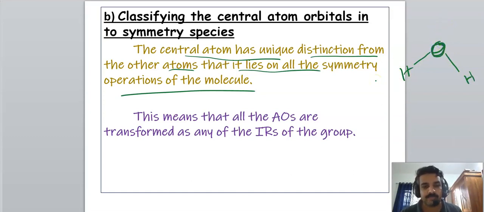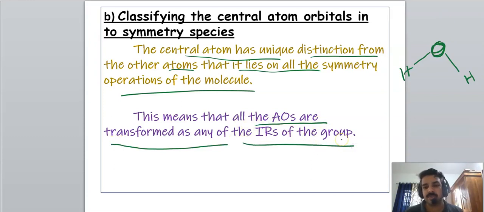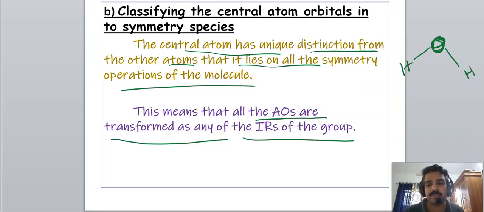So it is unique. This means that all atomic orbitals of oxygen transform as any of the IRs of the group. Since all symmetry elements pass through the central atom, all the atomic orbitals of the central atom transform as one of the irreducible representations of the group.